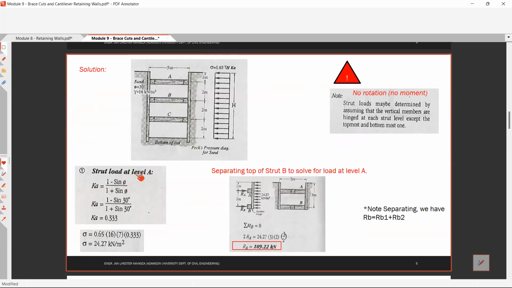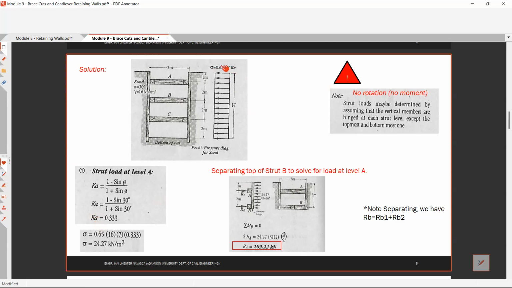Solving for the strut load at level A, using this pressure diagram by Peck, your pressure is equal to 0.65 gamma H K sub A. Solving for K sub A, which is 1 minus sine phi over 1 plus sine phi, you have Ka equal to 0.833.